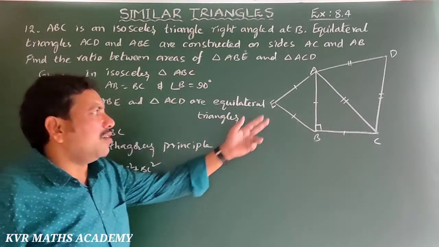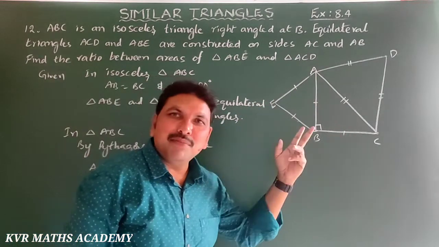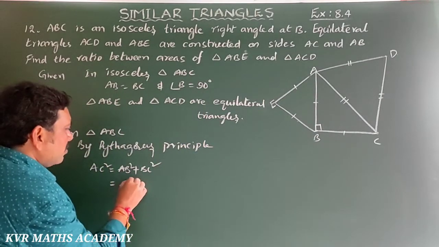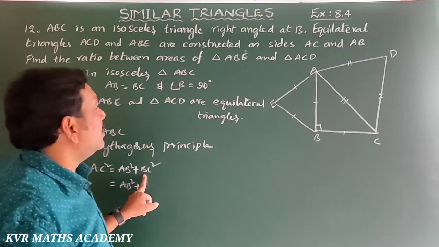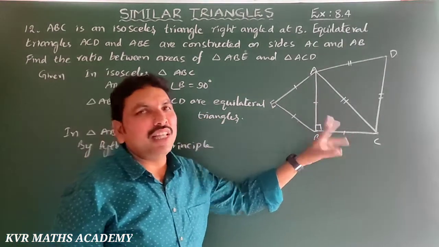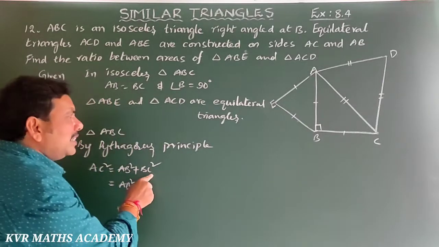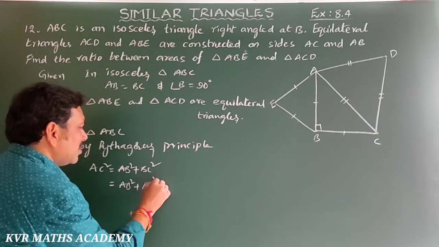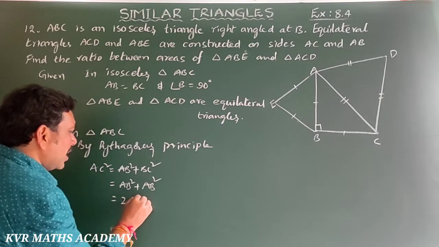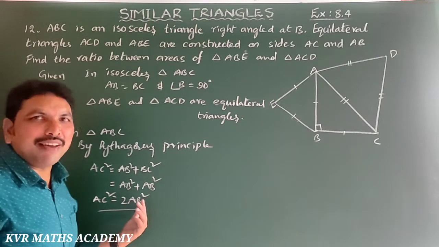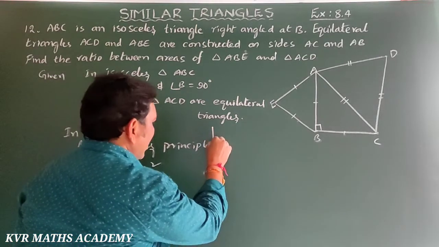Here BC means AB, since AB is equal to BC is already given because of the isosceles triangle. In the place of BC, we substitute AB, that is AB square plus AB square, which is equal to 2AB square. AC square is equal to 2AB square we got.